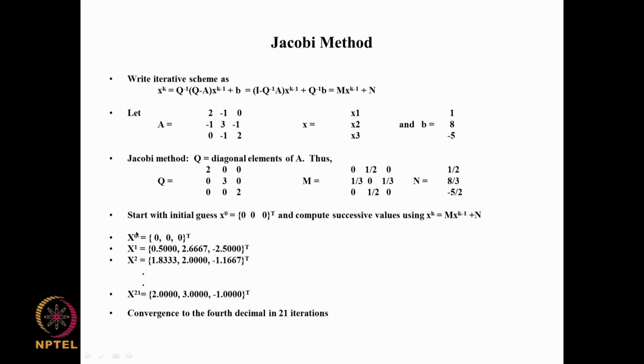So, x0, where the superscript indicates the initial guess, is 0 0 0 for the 3 elements, x1 is 0.5, 2.667, -2.5. You can substitute these things here and then you can get x1 x2 x3 like that, and x21 gives us 2.000, 3.000 and -1.00.